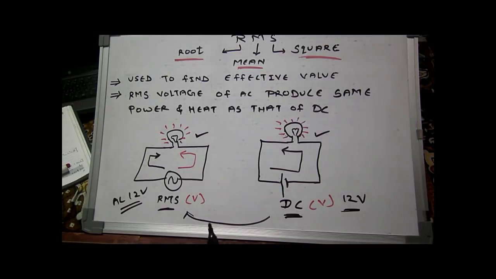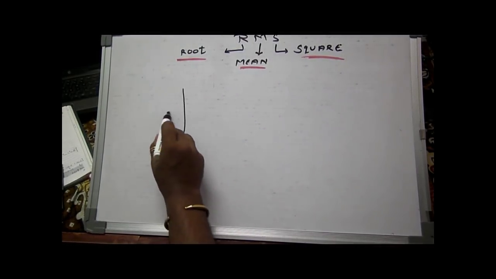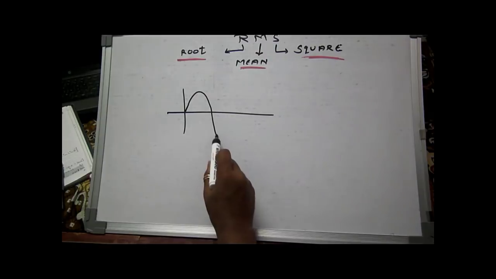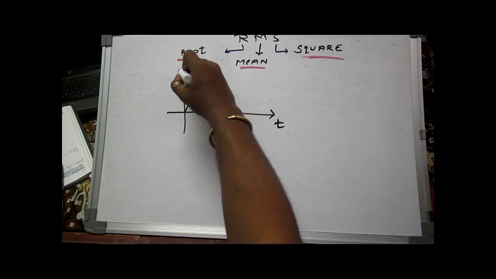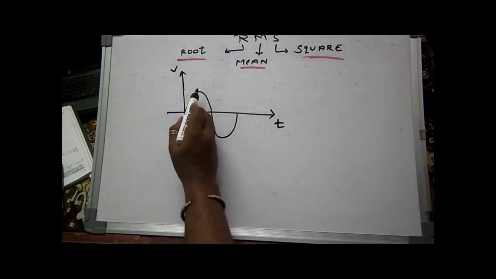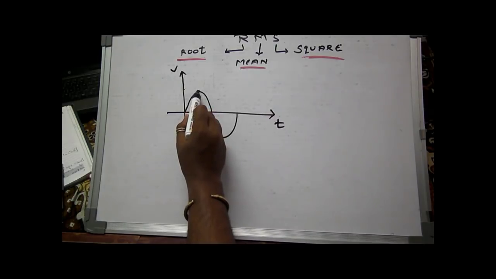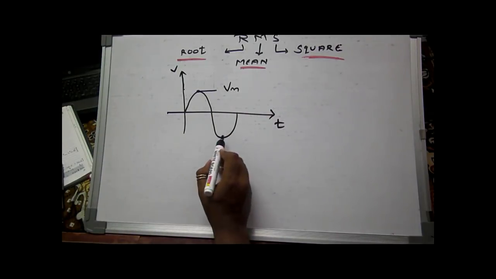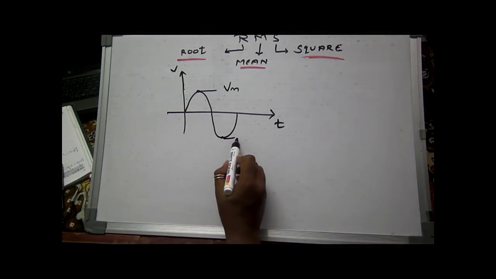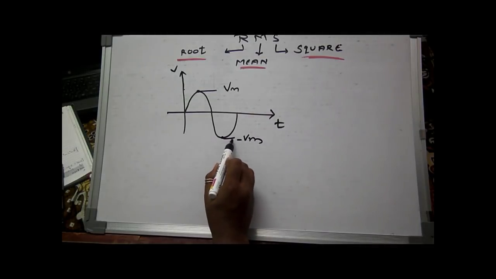Now we will see how that RMS voltage actually is. We will see in a waveform how it looks and how we can calculate that RMS voltage. Suppose we have one waveform. This is an AC waveform. I have told you previously that this point is the peak voltage, the maximum voltage Vm, and this point is minus Vm, the maximum negative voltage, and that is the maximum positive voltage.